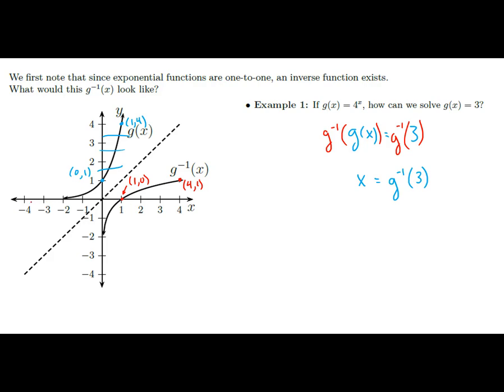We also noted there's a horizontal asymptote here at y equals 0 for the original. And so because we're symmetric about the line y equals x, we also know that we have a vertical asymptote for the inverse. All right, so here's our inverse function. And we give this inverse function a name that is specific to the base of the exponential that it's the inverse for.